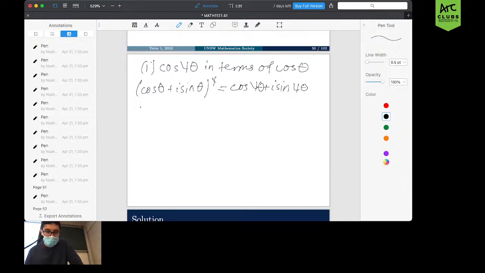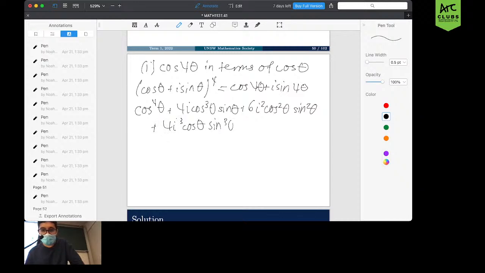This would become cos to the 4 theta plus 4i cos cubed theta sine theta plus 6i squared cos squared theta sine squared theta plus 4i cubed cos theta sine cubed theta plus i to the 4 sine to the 4 theta.